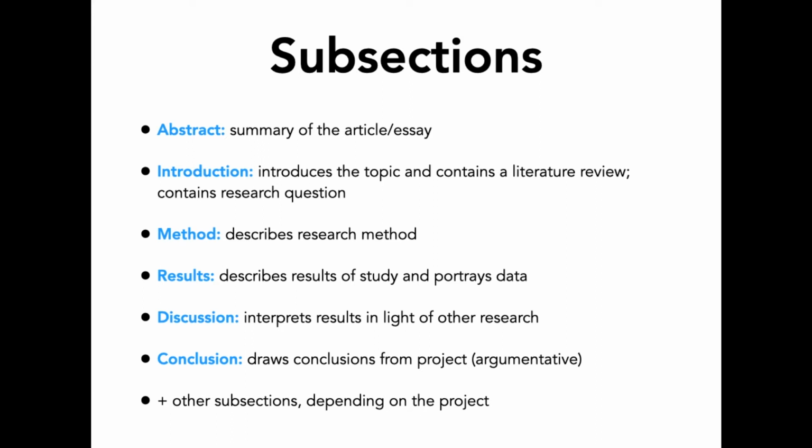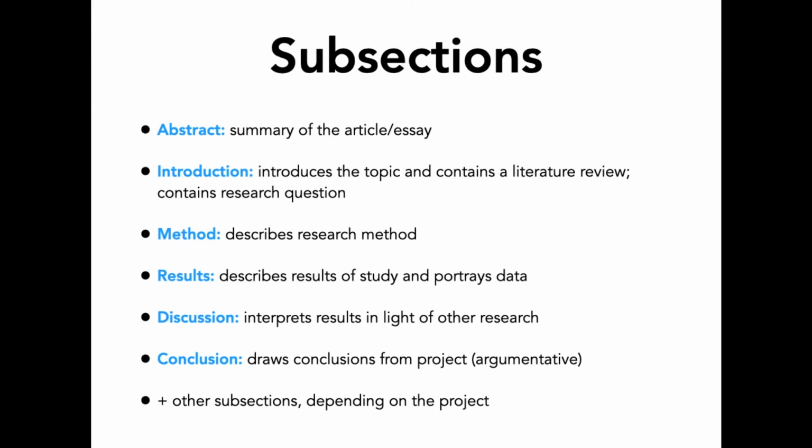So you'll see these subsections again and again when we start reading academic journal articles. And also when you write your final research essay, your essay should include all of these subsections as well. So I recommend writing these down in order and writing the description next to them, and it'll be a helpful future reference for when you start working on your final research project.